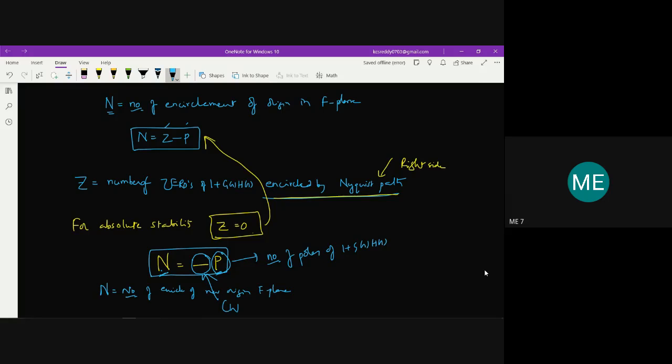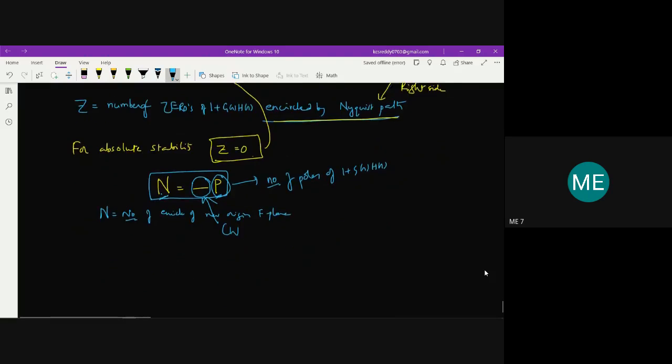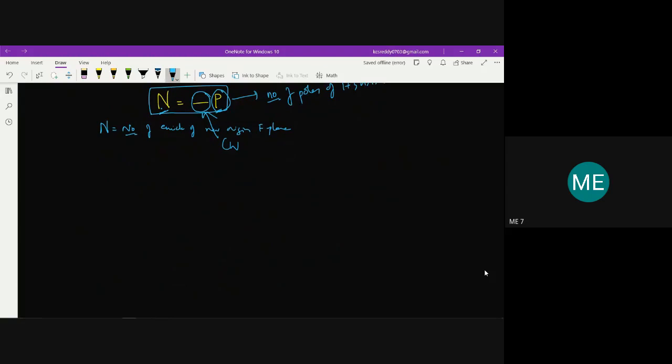Say for example, if we take one example to understand how we can study the stability, G of S into H of S is taken as 10 by S into S plus 1.